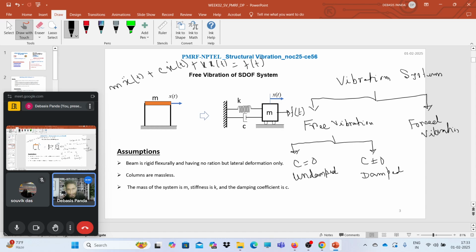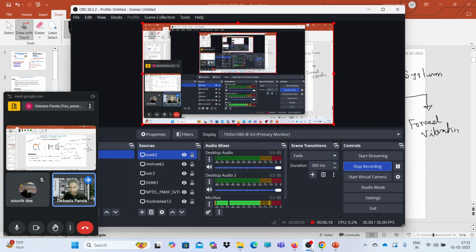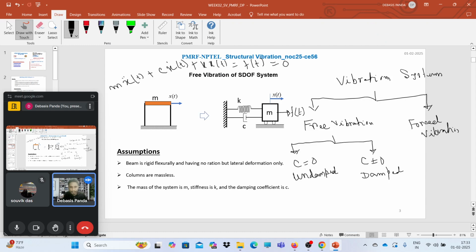If F of t is equal to 0, that means there is no external loading. The system is vibrating by its initial conditions at its natural frequency, and we call it free vibration.